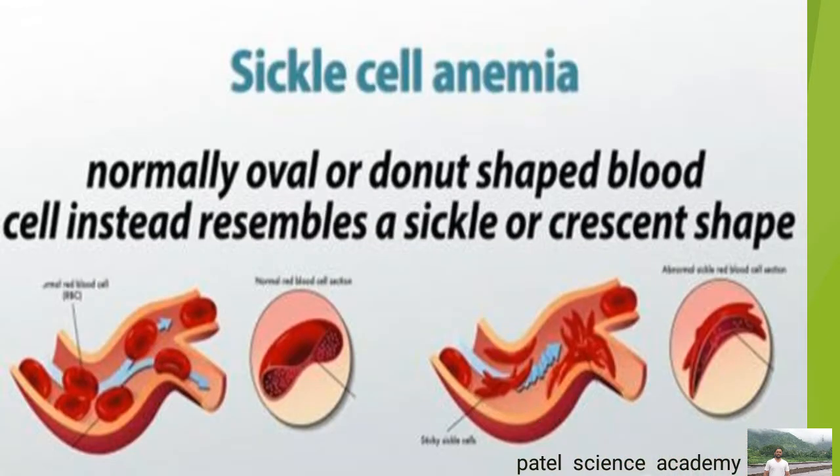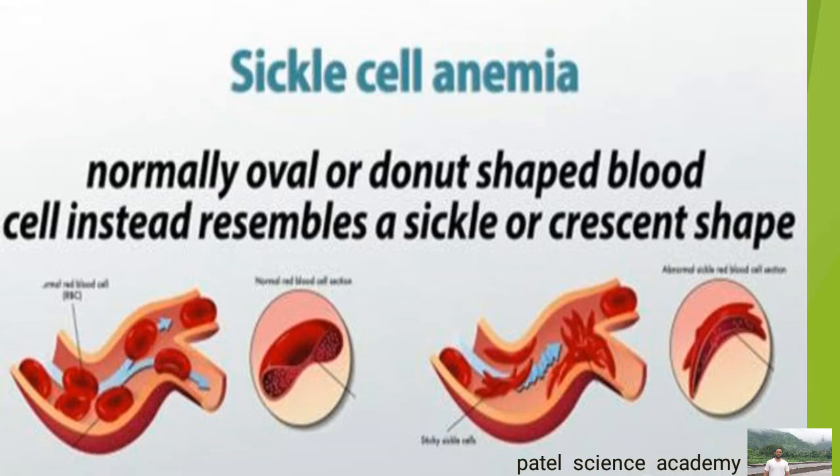Sickle cell anemia. So dear students, sickle cell anemia is a disease, sickle cell disease, which is caused by the gene HBS. Normally the blood cell in the body of a normal human being should be oval or donut shaped, but instead it resembles a sickle or crescent shape.